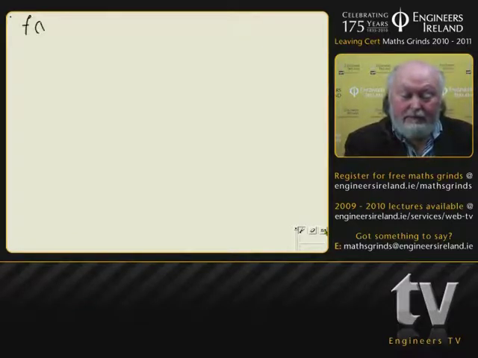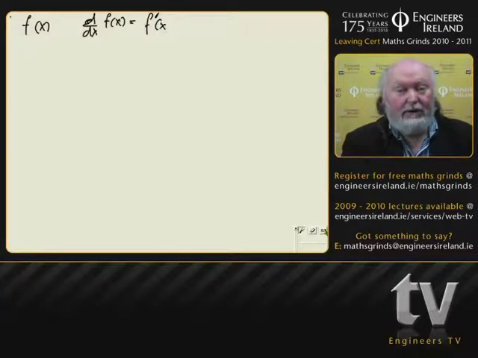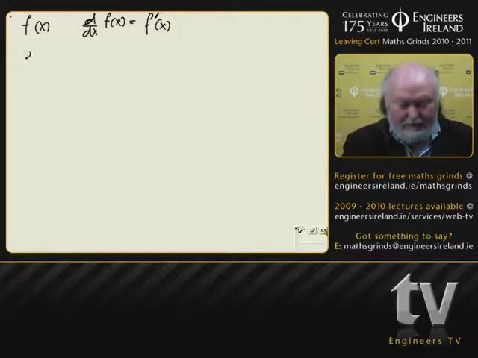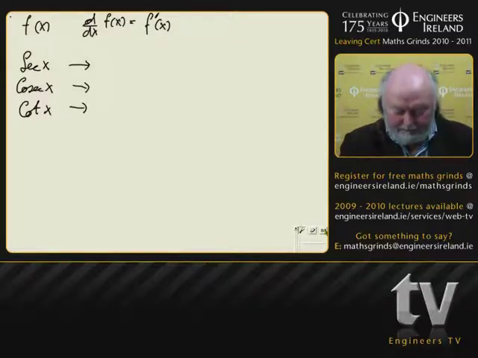We'll have some function, and we'll say the dx of that function. And by the way, that's the shorthand way of writing it. So what are the 6 functions? If I differentiated sec, cosec, and cot, what do I get?